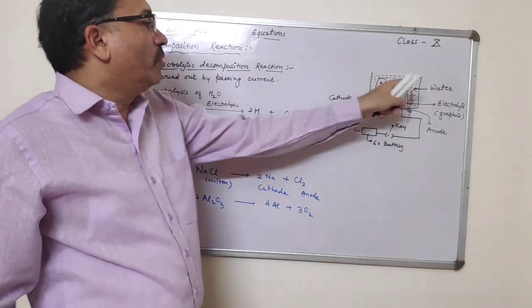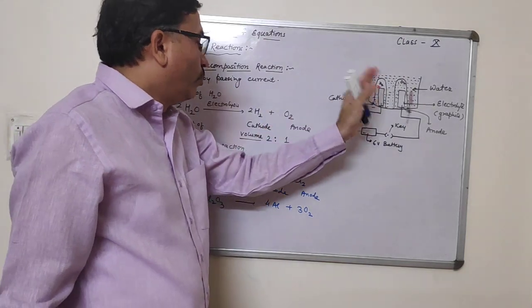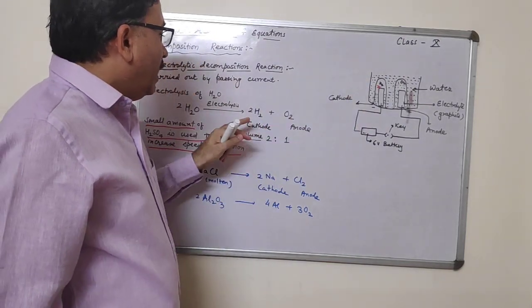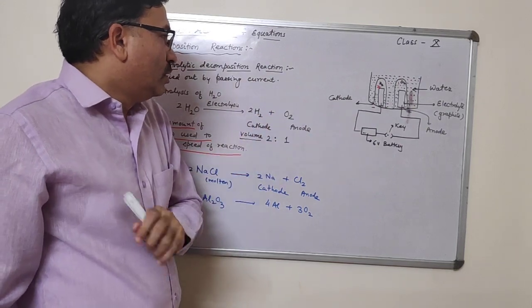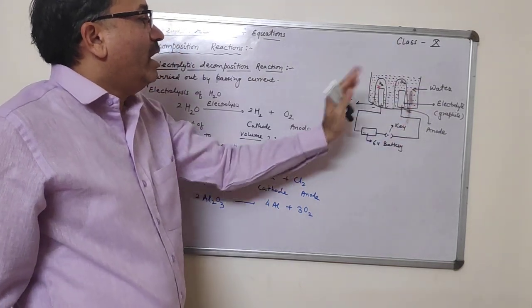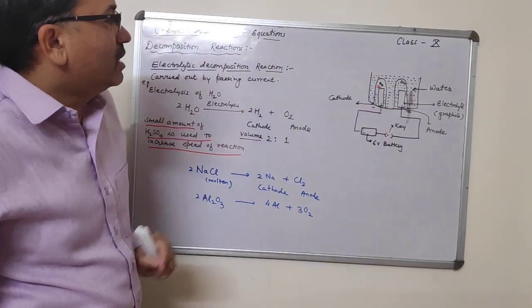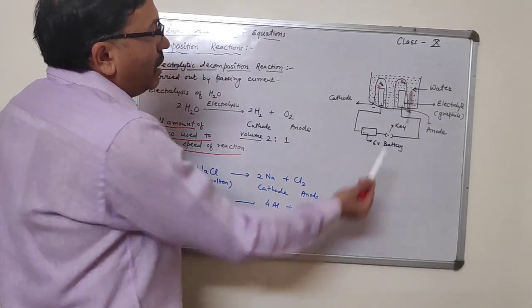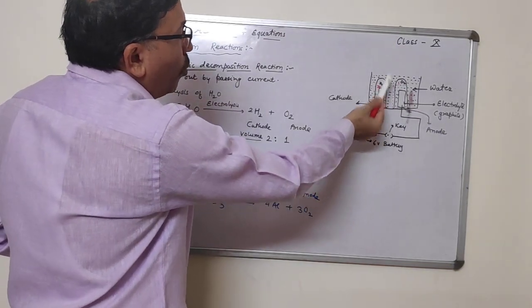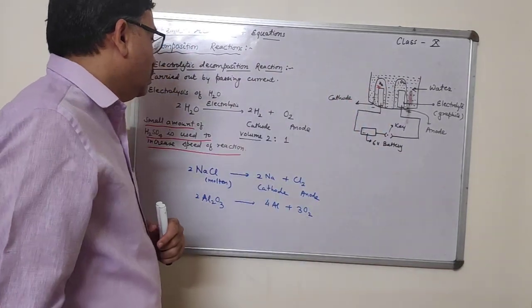That's why the volume collected, hydrogen and oxygen, is 2:1. Hydrogen is at the cathode, oxygen is at the anode. Now suppose I make a diagram without labeling any electrode, and one asks where the hydrogen is collected, you can easily label it. Where the volume is more, that is hydrogen, and where the volume is less, that is oxygen.